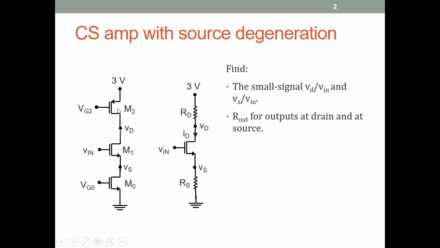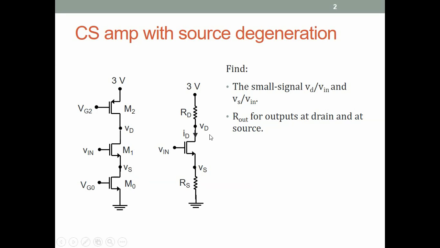Now if you think about it for a minute, you will realize that the AC circuit for both of these, with of course the input at the middle transistor, this M1, if the input is here in both the circuits, then the AC circuits are identical for both these, and therefore all the analysis we'll do will be valid for the circuit on the left as well as the circuit on the right. We'll do the circuit on the right just because RD, RS are more distinguishable. Here it will be just RO0, RO1, RO2.